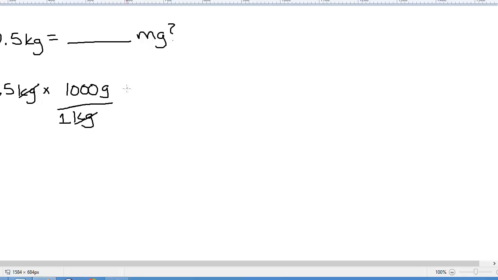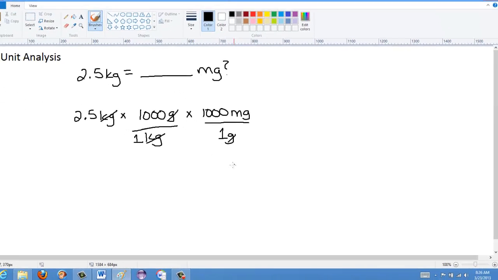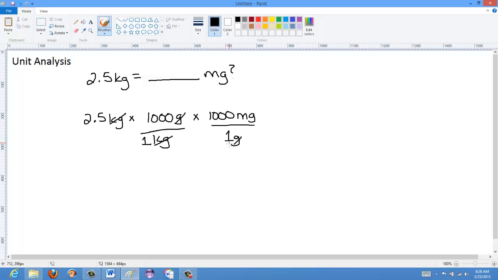I don't really want it in grams, I want it in milligrams, so I'm going to introduce another rate: 1,000 milligrams per 1 gram, and the grams will cancel out. Once again, if you're careful with the units, you should know where they should go, either in the numerator or the denominator position, because they need to cancel each other out.